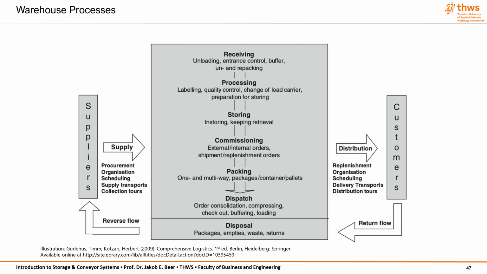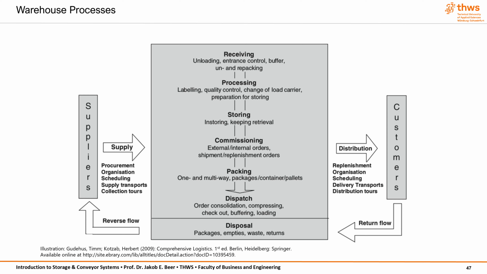Once goods are stored, the next big block of warehouse activities centers around order picking, called commissioning in the figure, but I recommend you stick to order picking. Picking is triggered either by external orders from customers or by internal orders, such as replenishment for a production line.